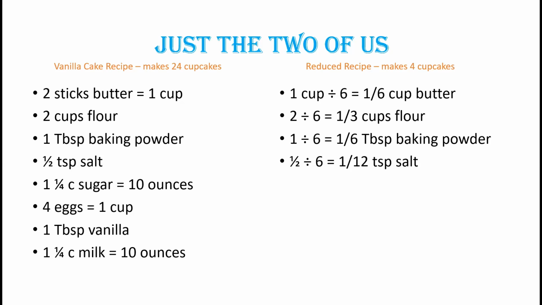So 1.25 cups is 10 ounces. So I'm going to divide 10 ounces by 6. And that gives me 1 2/3 ounces of sugar.